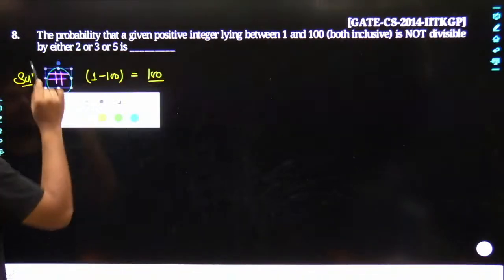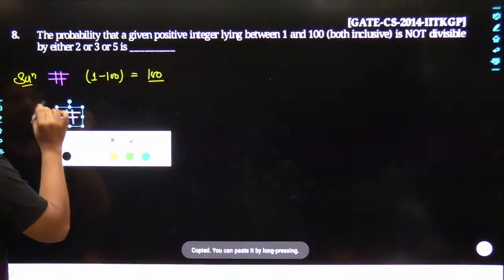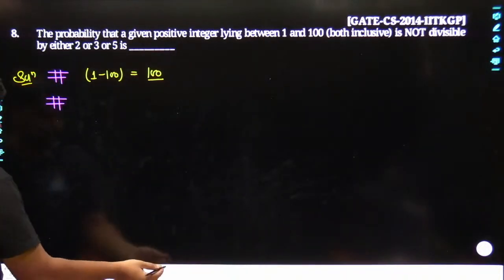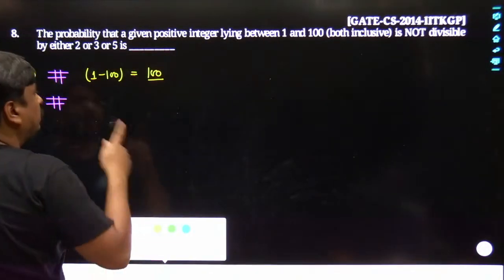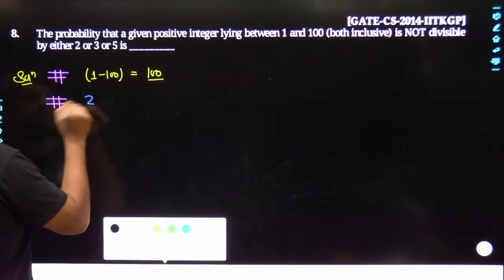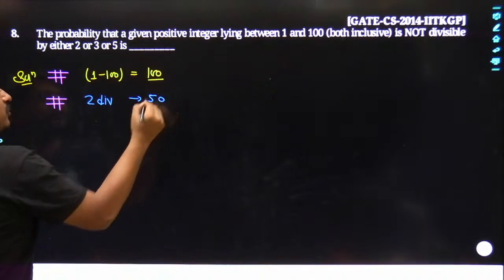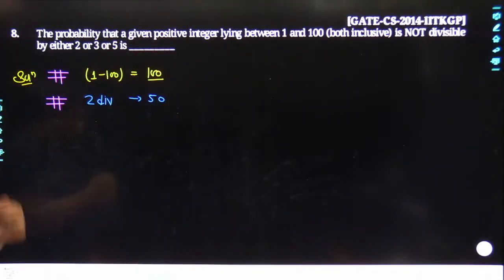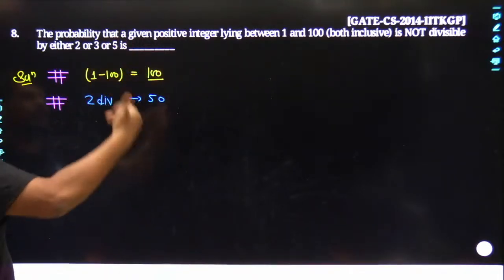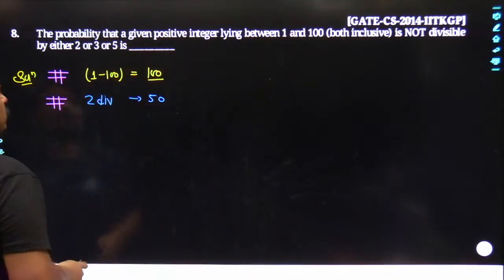So divisible by 2 is going to be 50. Otherwise, you can simply calculate how many numbers you are getting. That's also okay.